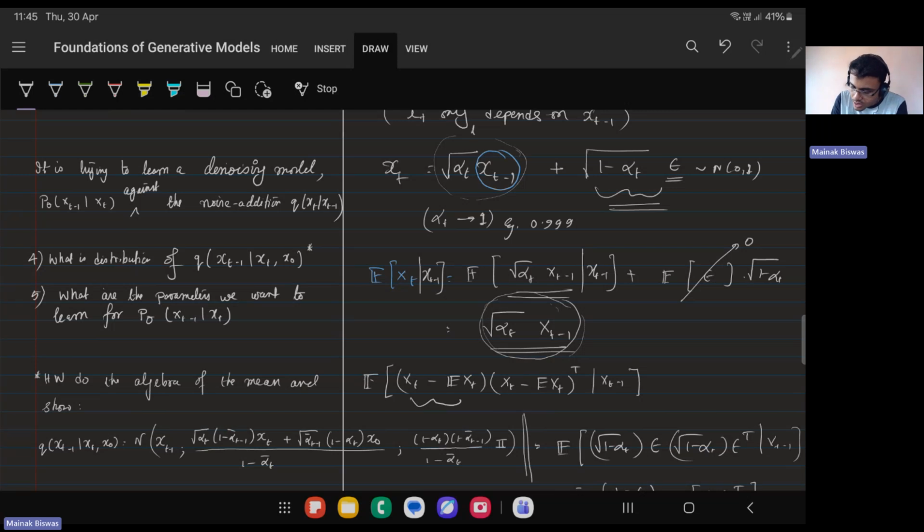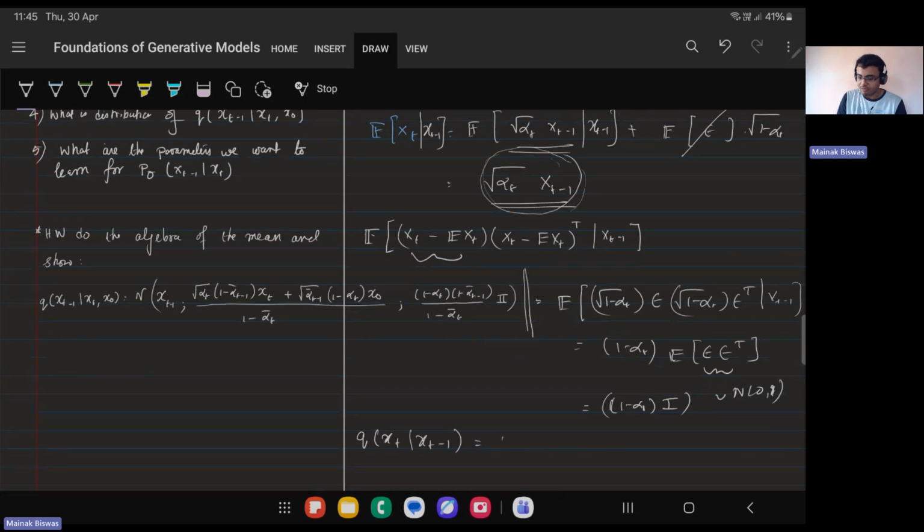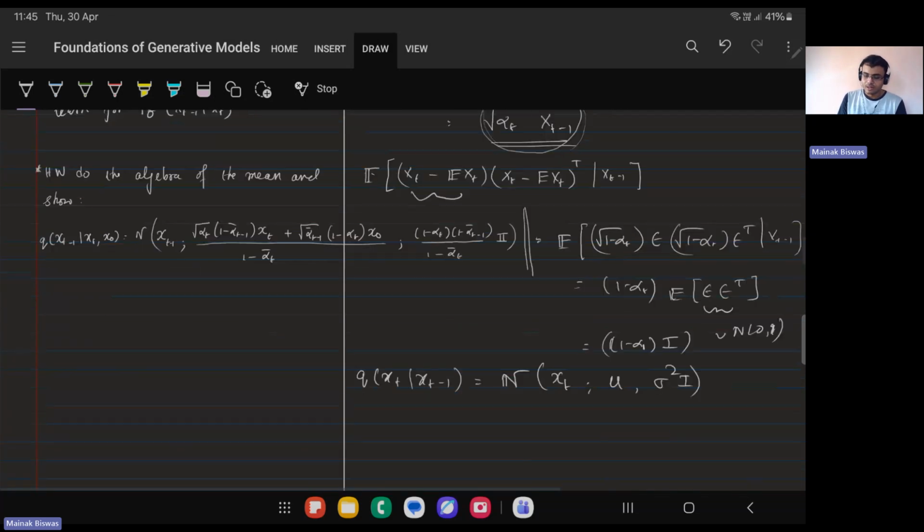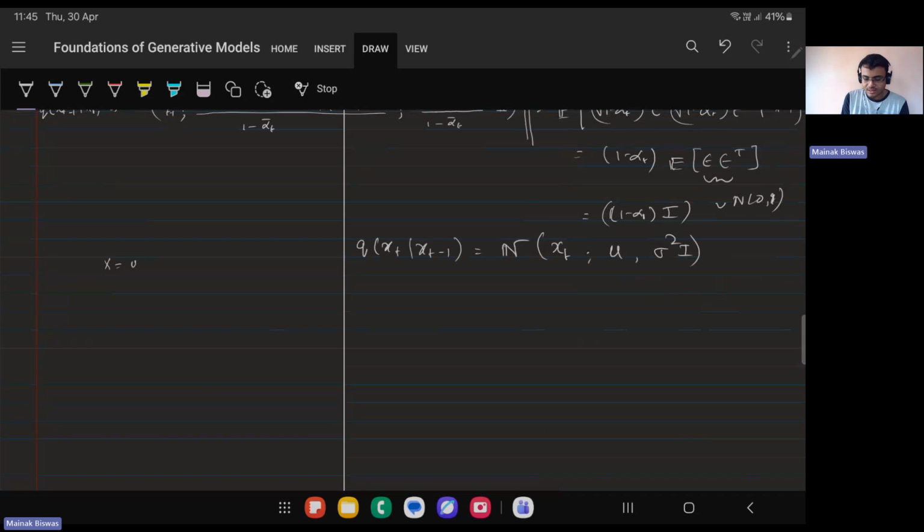So this is mu, this is sigma, and this is epsilon. So mu plus sigma epsilon is known to be sampled from a distribution with mean mu and variance sigma square I. We know that x is equal to mu plus sigma z, where z is sampled from normal 0, 1, means x is sampled from normal mu sigma square. That's what I just showed you, by transformation of random variables.